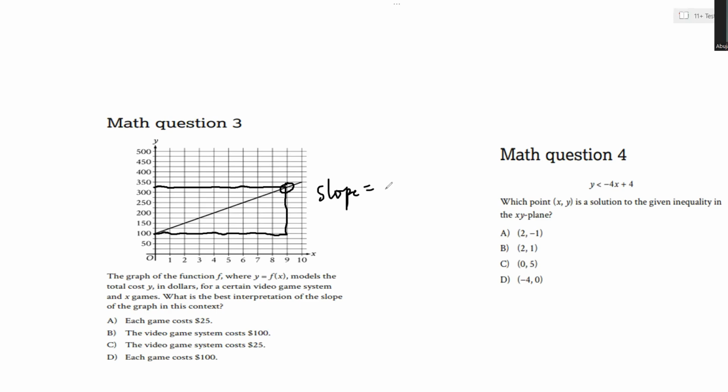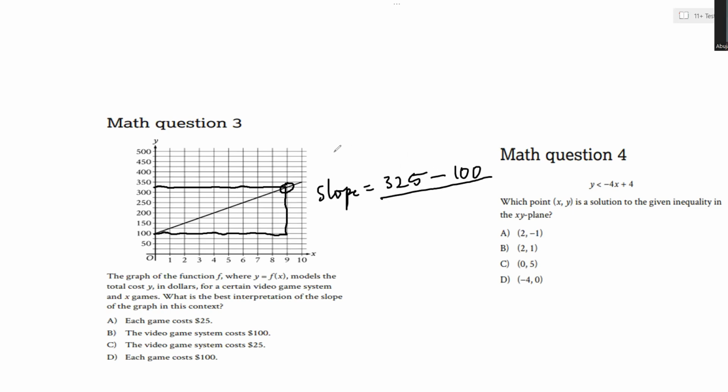So if you divide 50 by 2, you have 25. So this is 325. Now 325, and down here we have 100. So we're doing 325 minus 100, all divided by the x-axis.